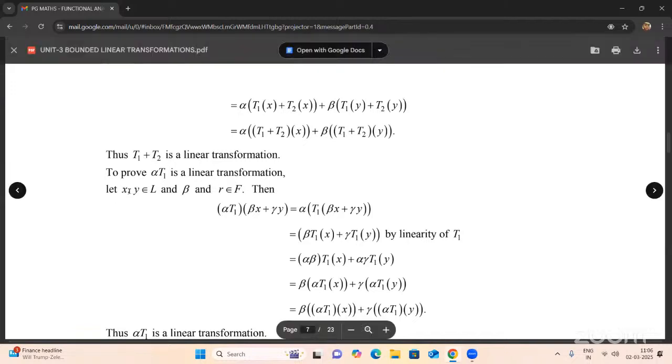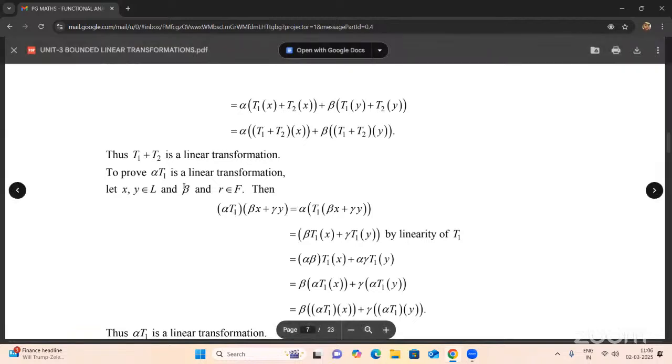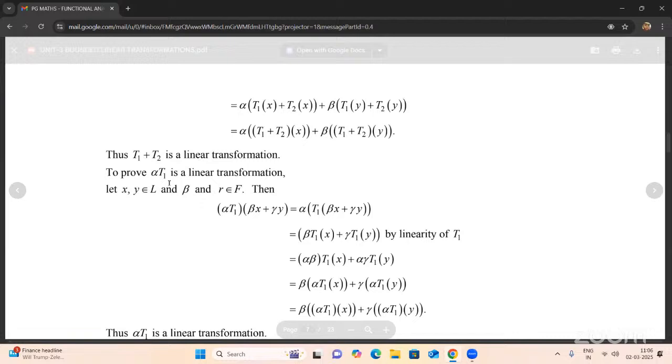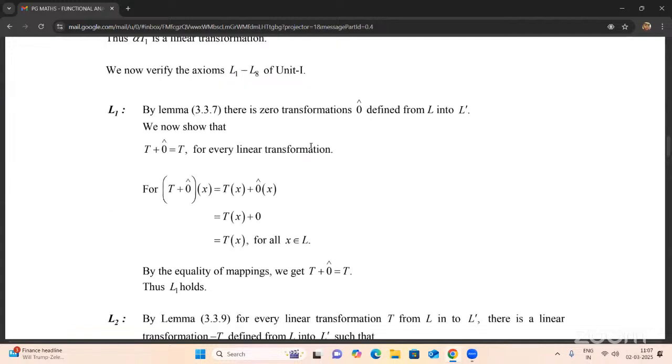And according to this, we are taking one of the transformations, alpha T1 of beta x plus gamma y. Now again, we are considering here beta of alpha T1 of x plus gamma of alpha T1 of y. So therefore, finally alpha T1 is a linear transformation. And in the same manner, the above example is verified here through the linear transformation.